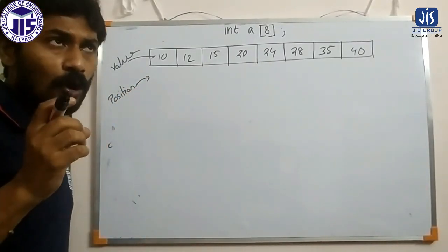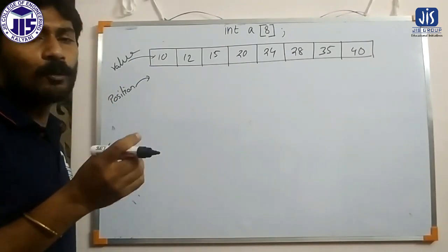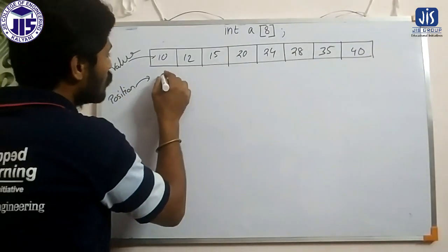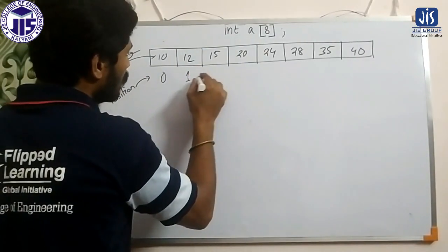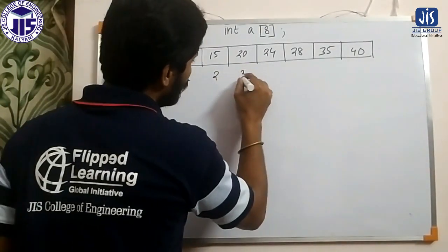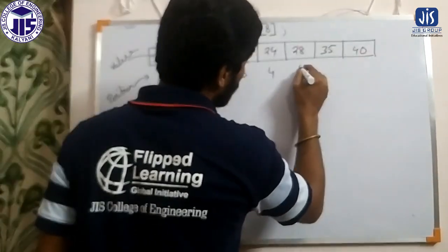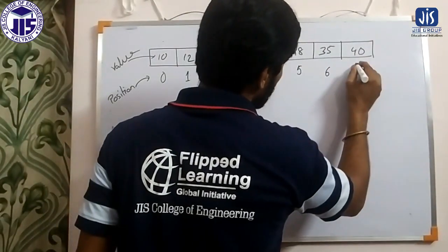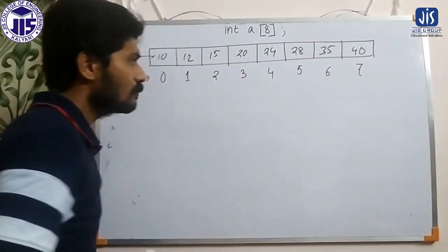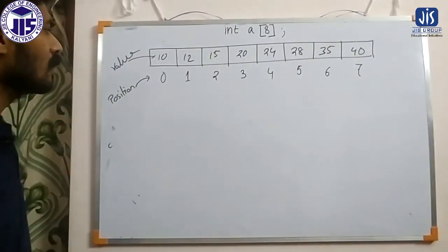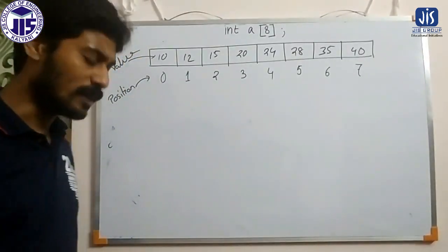In case of an array, we always start the position from 0. So this is 0 position, this is 1, this is 2, this is 3, this is 4, 5, 6 and 7. So total 8 elements are there, from 0 to 7.